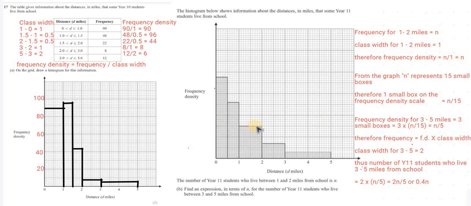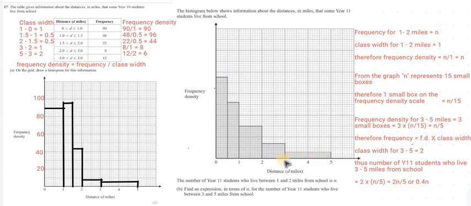So that means this is n high. The height of this is n. That is 15 small boxes. That means one small box jump on the frequency density scale, on this scale, is n over 15.